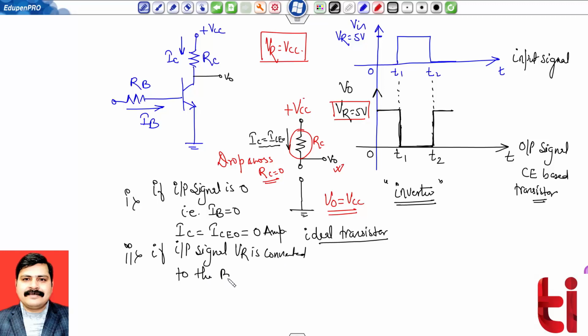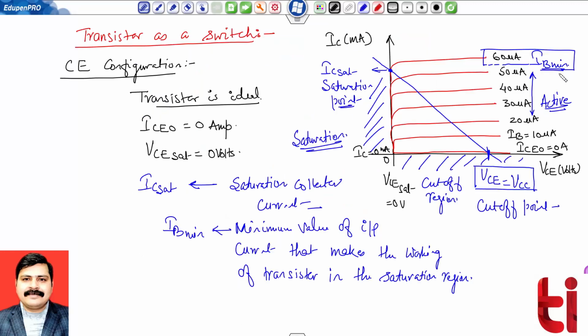Now if the input signal is connected to the base and I am assuming that my IB, the base current in the input loop, is greater than my IB min. IB min is the minimum value of base current that ensures that my transistor is working in saturation region.